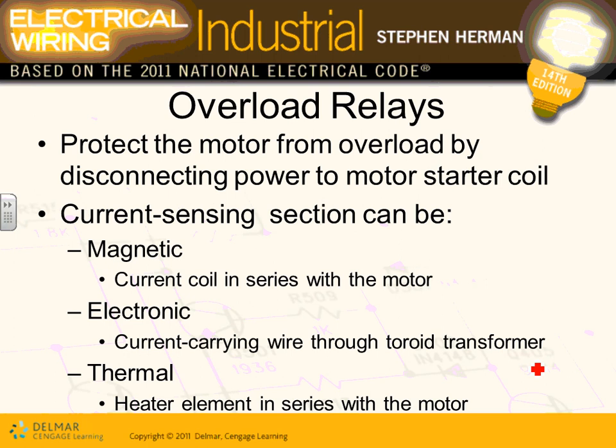Overload relays, Karen, protect the motor from being overloaded. The most important thing about overload, moving into overload after the control, is to protect the motor from being overloaded by disconnecting the power to the motor starter coil, de-energizing the starter coil. There's three ways of doing it, Adam. Number one is magnetic.